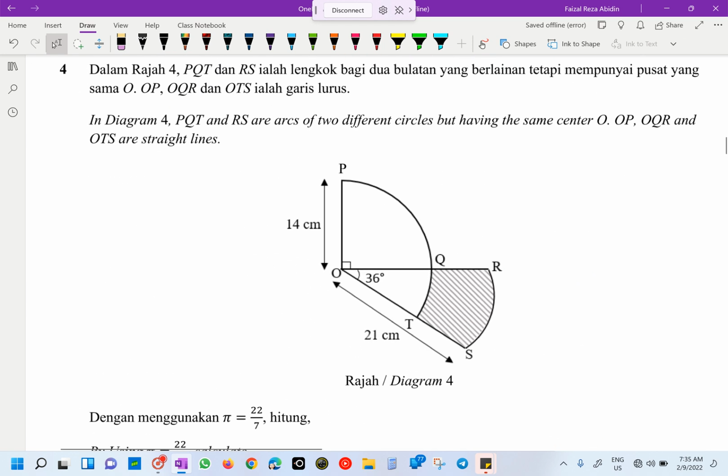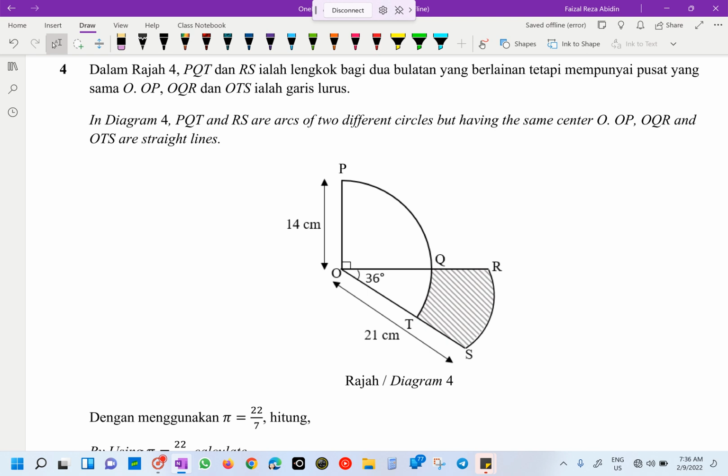Okay, next, question number 4. Some of you cannot answer this one because you can look into your formula on page 3.